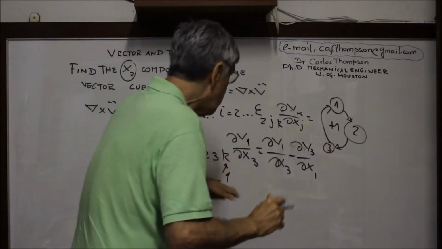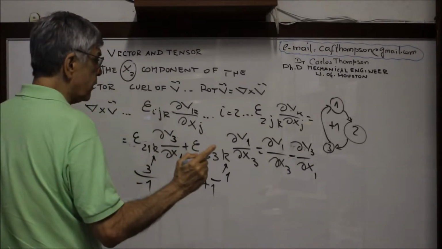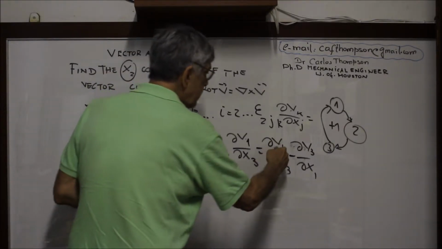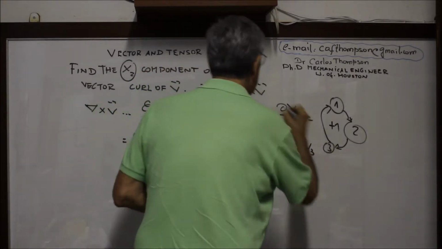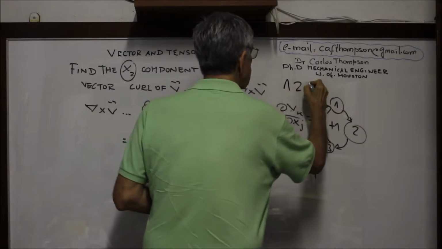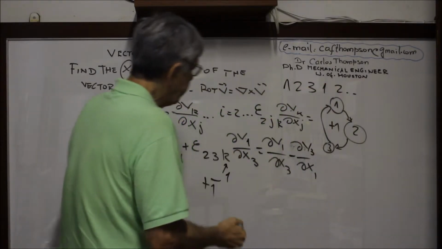Now, suppose you want the x1 component. Don't forget this. You have here 1, 2, 3, 1, 2, and so on.